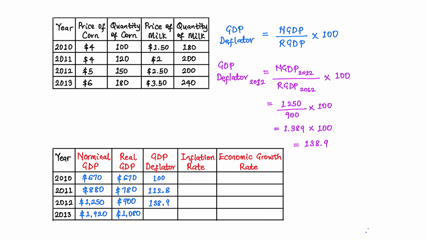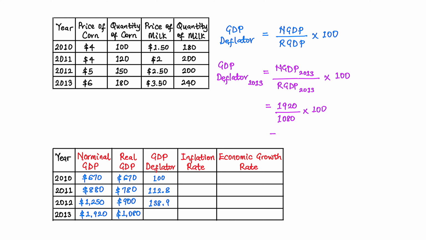So the GDP deflator for 2012 is 138.9. And last, the GDP deflator for 2013, that's nominal GDP of 2013 divided by real GDP of 2013. Nominal GDP of 2013 is 1,920 divided by real GDP, which is 1,080 times 100.